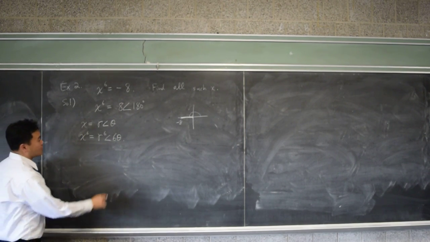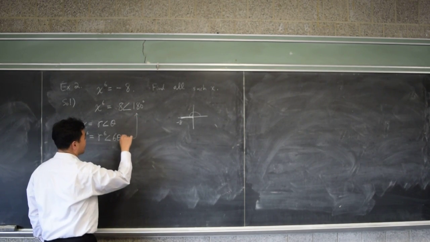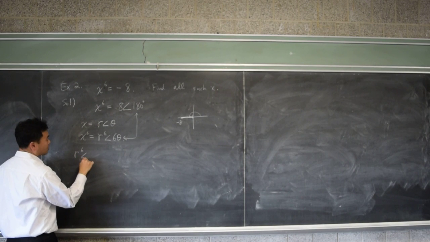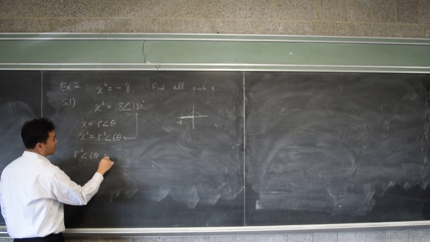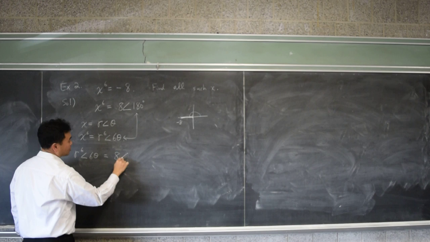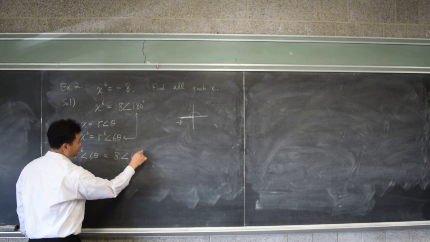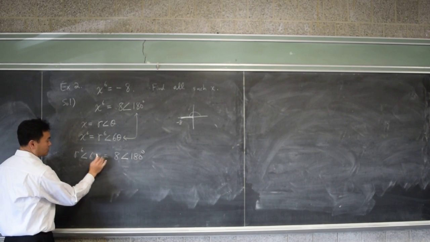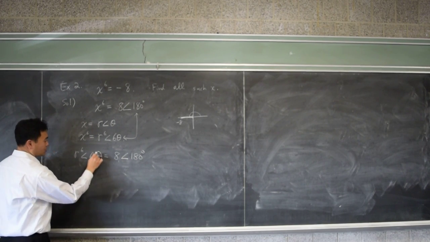And you're trying to set these two equal to each other, right? So we have r to the 6th power, angle 6 theta, equals 8 with angle 180 degrees. This is theta here. It's a variable.